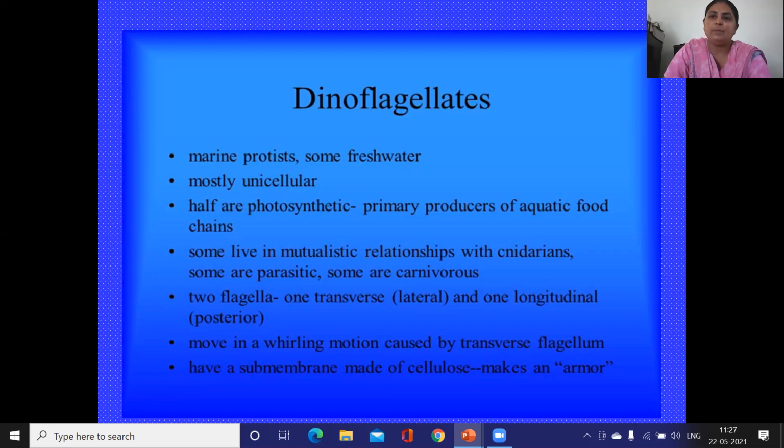Some of them are photosynthetic, which means they act as primary producers of the aquatic food chains. These dinoflagellates have 2 types of flagella. One flagellum is present in the lateral position and another in the longitudinal or posterior position. And another thing is that these dinoflagellates have different types of pigments present in them.